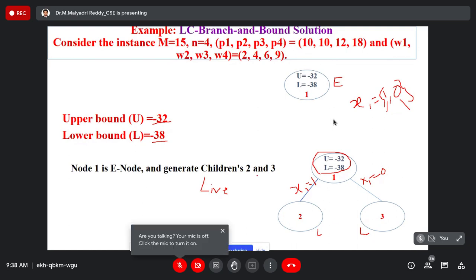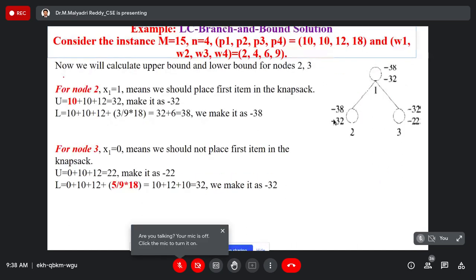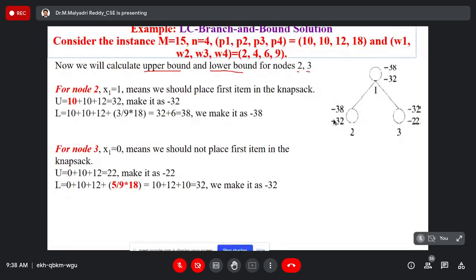Now we will calculate the upper bound and lower bound of the live nodes 2 and 3. How will we calculate? For node 2, x1 is equal to 1, including x1.